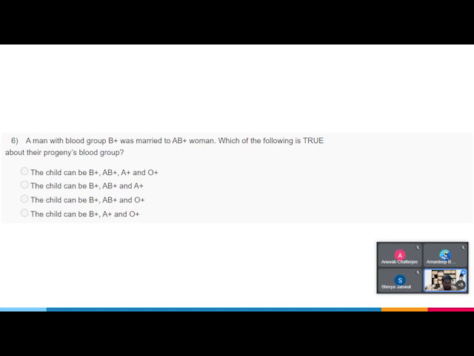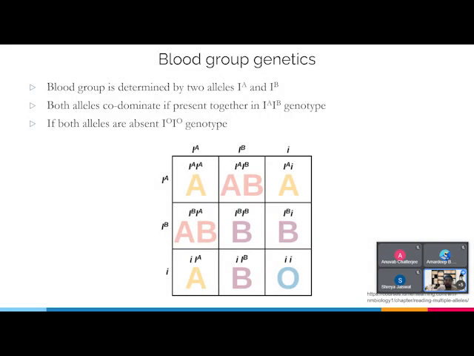Now we move forward, and this is a discussion on blood group genetics. The blood group is determined by two alleles, IA and IB. Both alleles are co-dominantly present together in the IA-IB genotype, and we have the blood group AB. If both alleles are absent, then we have the O phenotype, in which the genotype is IO-IO.